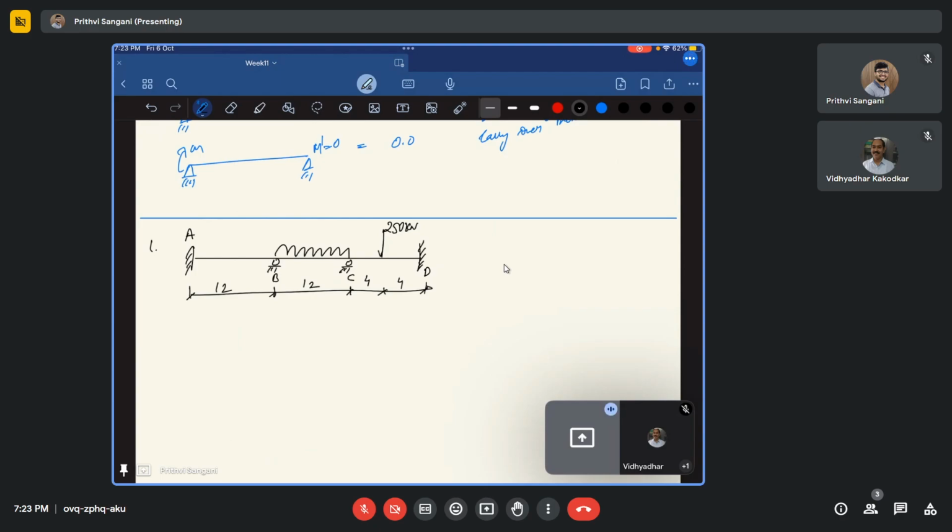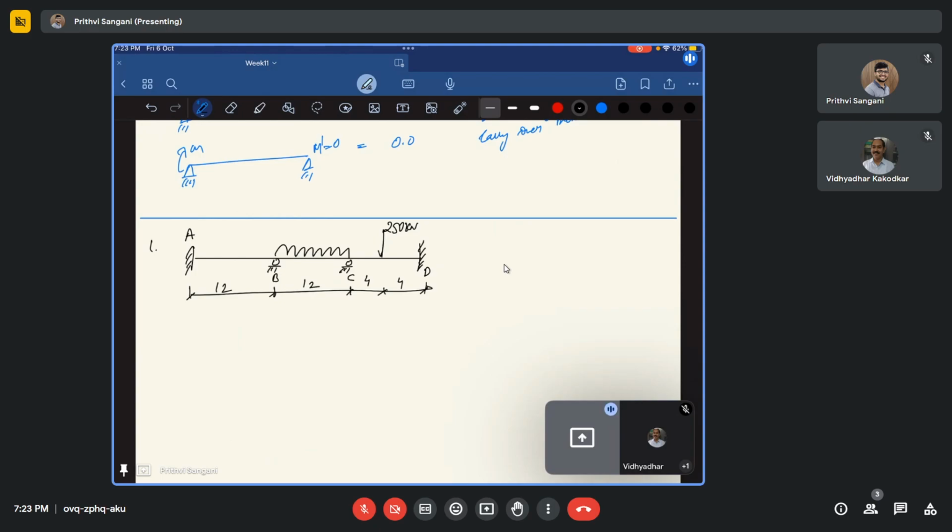We have already solved this using different methods. Last time we used the flexibility method, and in the previous session we used the slope deflection method. Now we'll start with the moment distribution method. Usually we follow a tabular format so that we don't make mistakes.